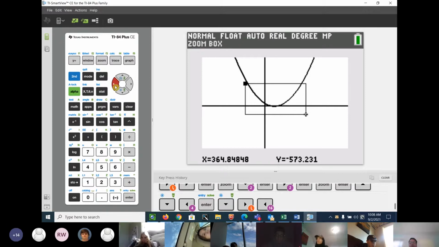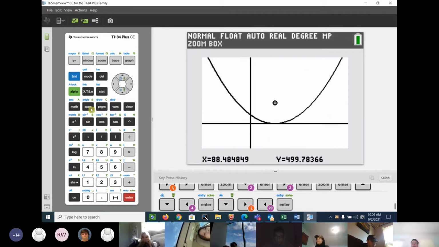You got to type in numbers and go look at the graph. Type in numbers, go look at the graph. So that's why I use zoom box, because you don't have to do that. And enter. And now I can see the graph.